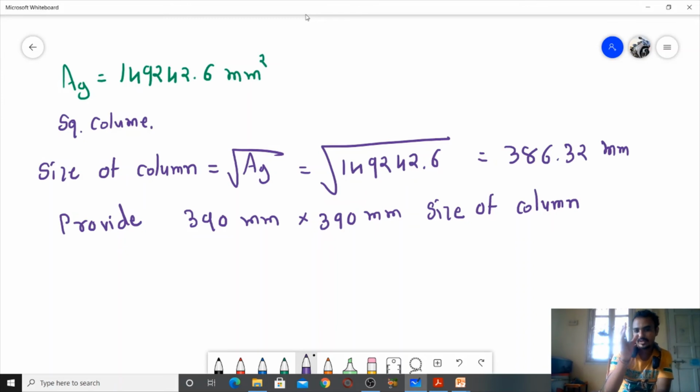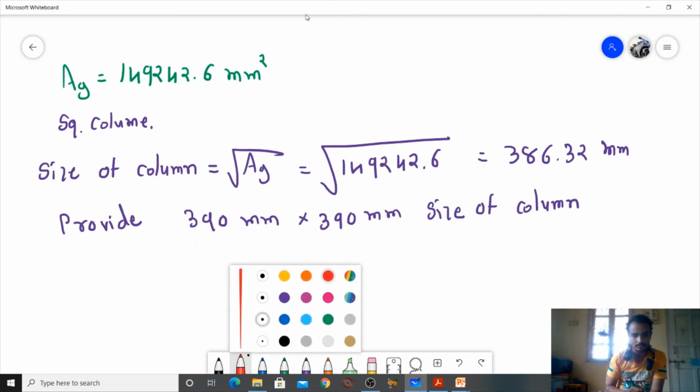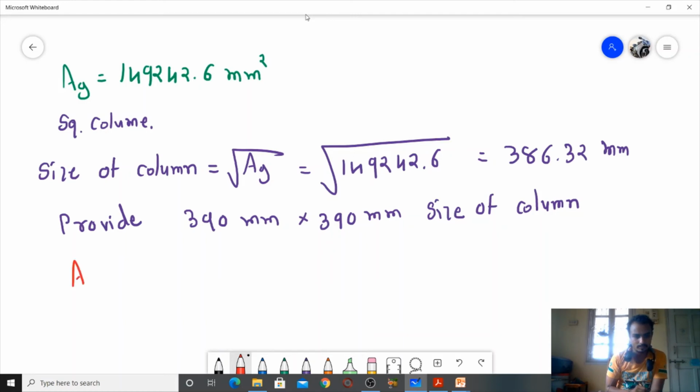First we have found the size of the column, second is the area of longitudinal reinforcement. How can we find it out? We have an equation here: Asc is equal to 0.02 Ag.